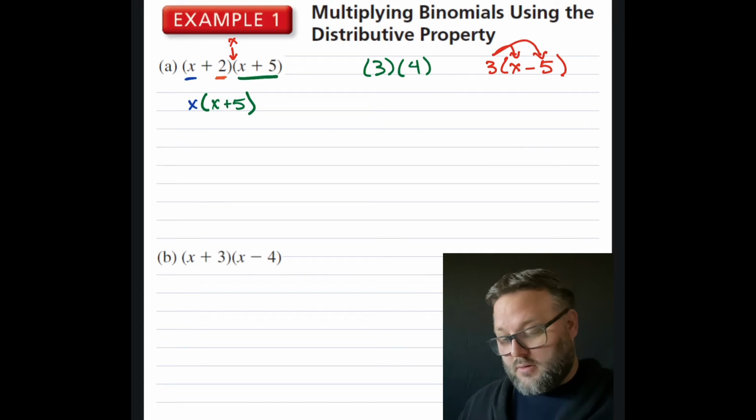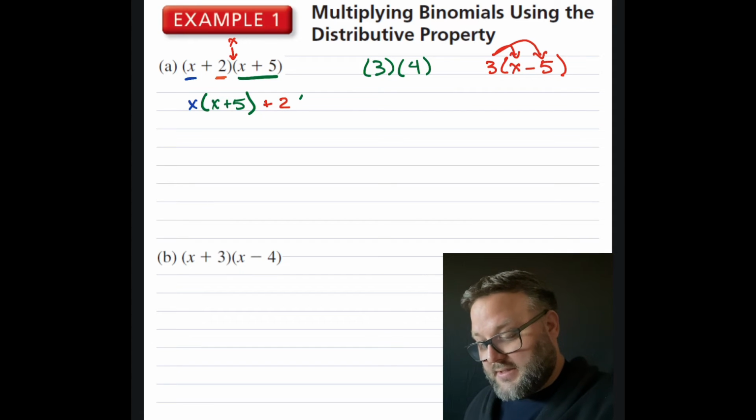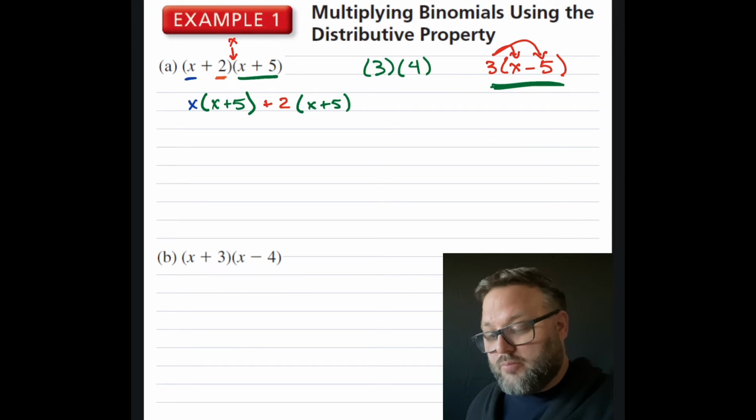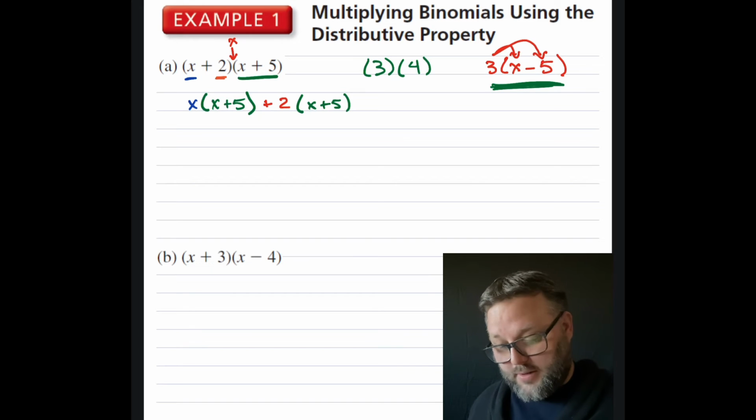Now, since I was adding 2, I'm going to stick with that. I'm going to be adding the product of that 2 times the same original group. And now I just have 2 parts of my problem that look like something we've done before in the distributive property.